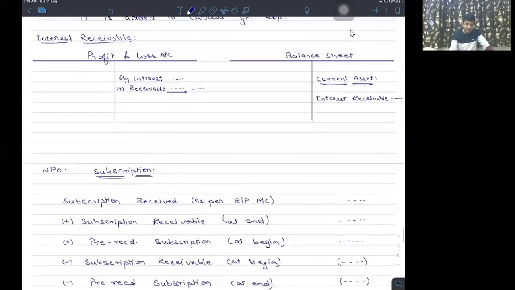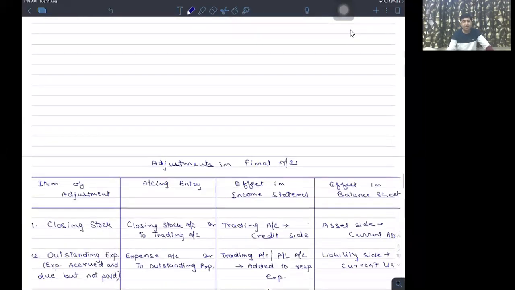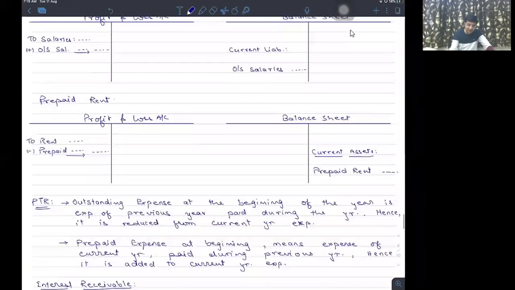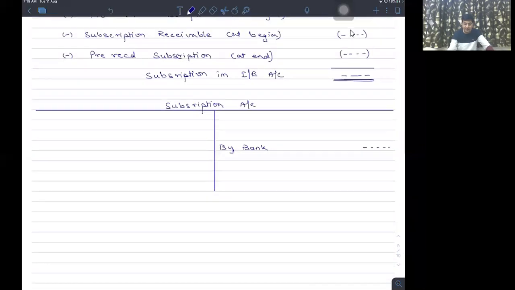What entry did you pass for income receivable at the end? Income receivable account debit to respective income account. Means for subscription receivable at the end, my entry will be subscription receivable account debit to subscription account. So in the subscription account, on the credit side, by subscription receivable at the end.